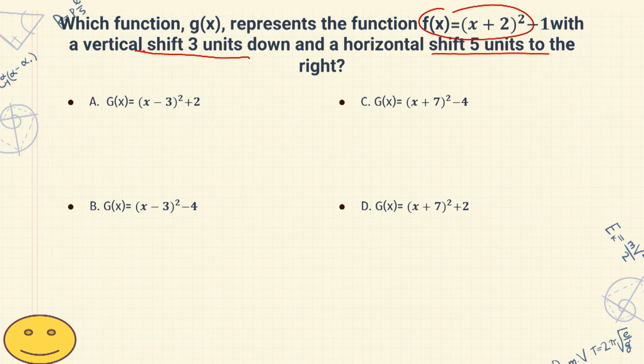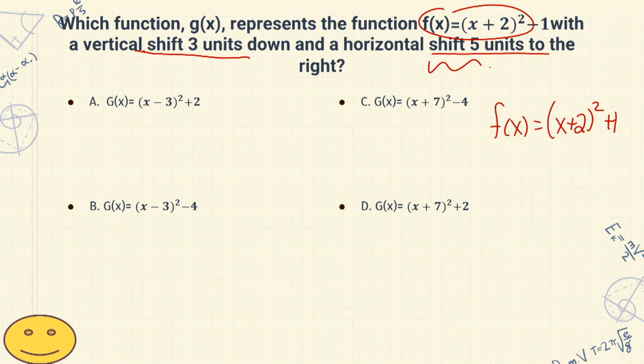So Ms. Killen, how do I do that? Well, my function is this. Now, it says I am vertically shifting 3 units down, and I'm horizontally shifting 5 units to the right.